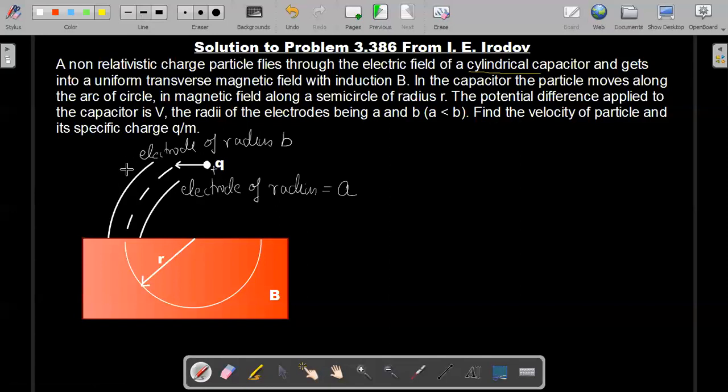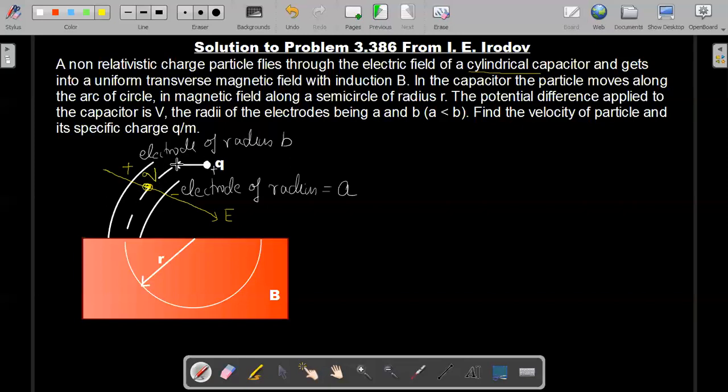And if I assume that the outer electrode is positively charged and the inner electrode is negatively charged with a potential difference capital V, then the electric field lines must be radially inward. Those electric field lines will exert a force on the charged particle Q moving on this circle.